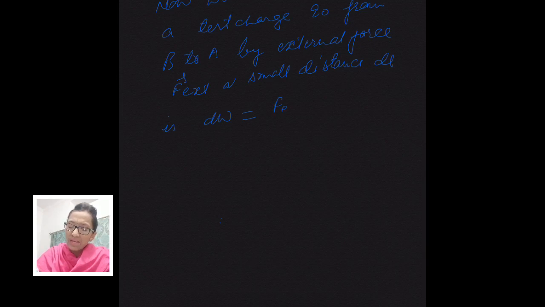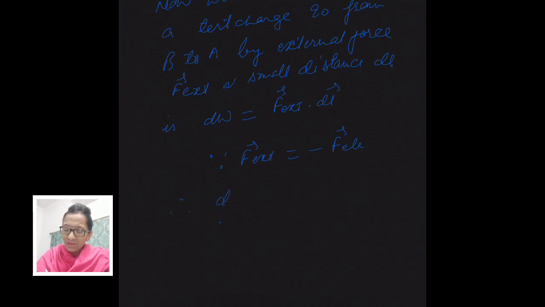So dW is F external dot dl. Now we do not know what the external force is, but we know that the external force is equal and opposite to the electric force. So we can replace this.